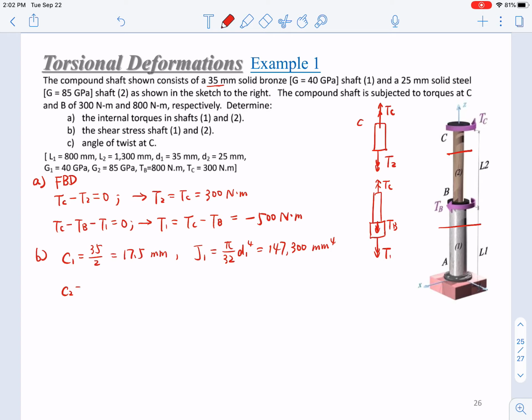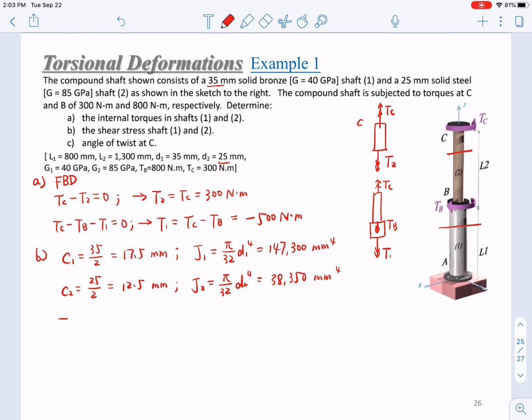Then c2, where D2 is 25, is 25 over 2, that is 12.5 millimeter. And J2 is pi over 32 D2 to the fourth, which is 38,350 millimeter to the fourth.